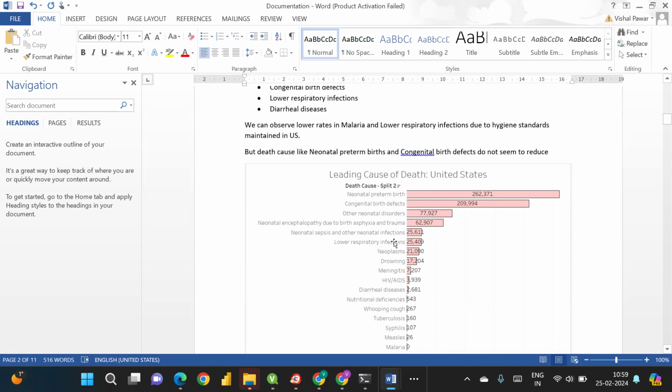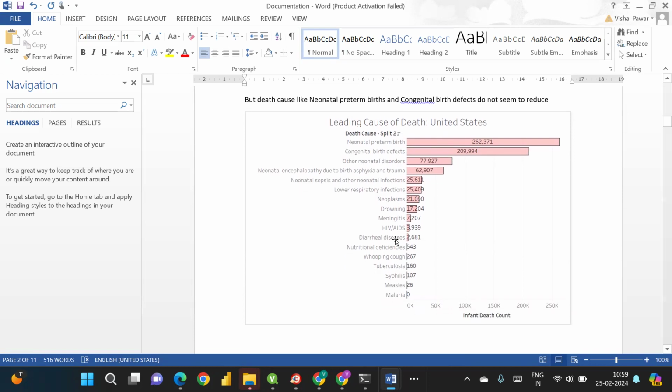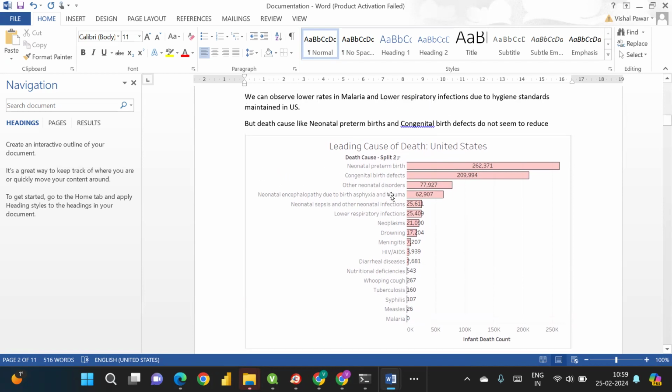As per our understanding, lower respiratory infections are less in the United States because of good hygiene standards maintained for the mothers, which is leading to lower deaths due to tuberculosis and respiratory infections.